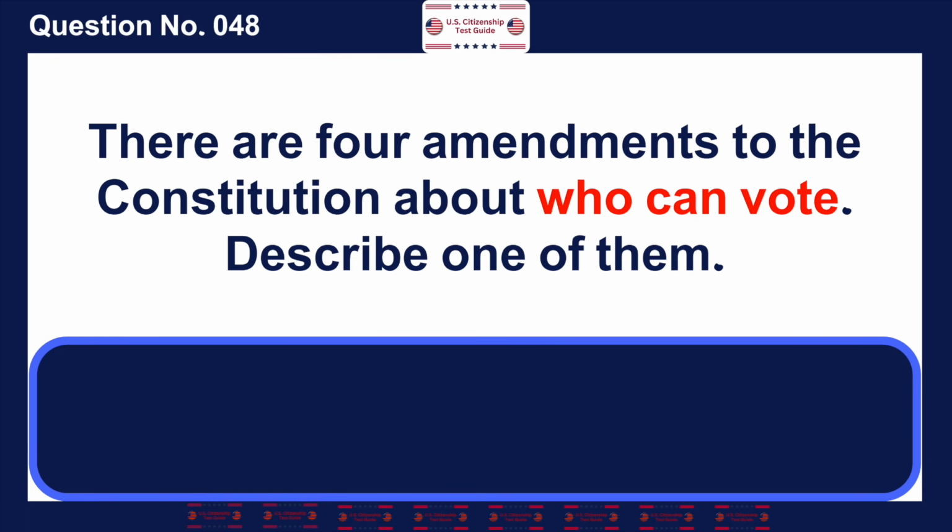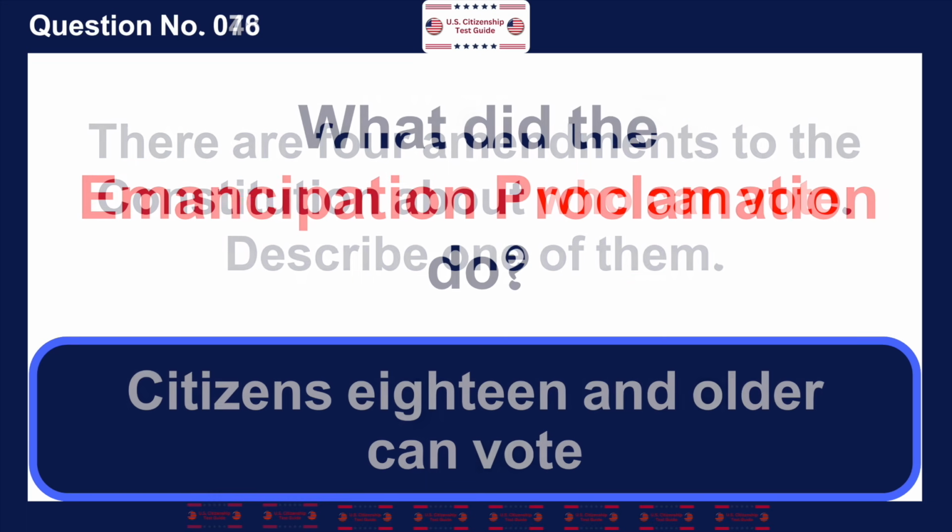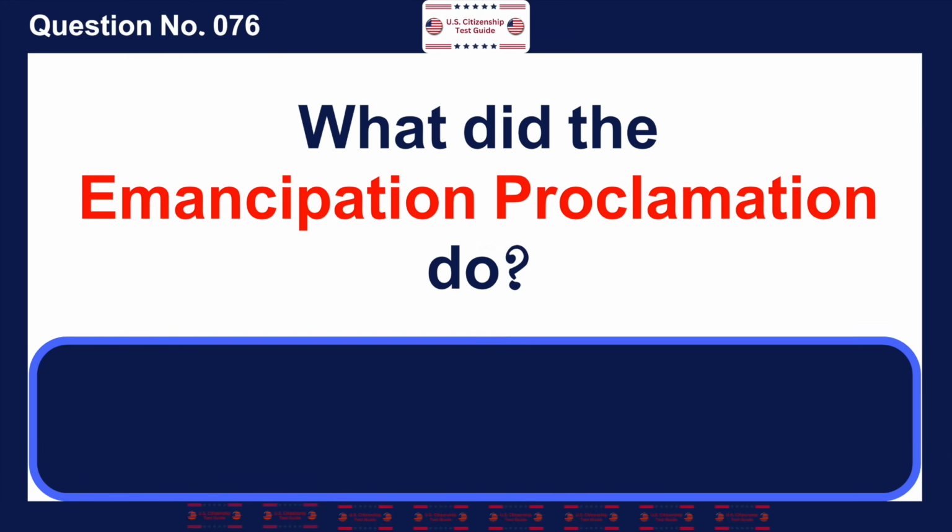There are 4 amendments to the Constitution about who can vote. Describe one of them. Citizens 18 and older can vote. What did the Emancipation Proclamation do?